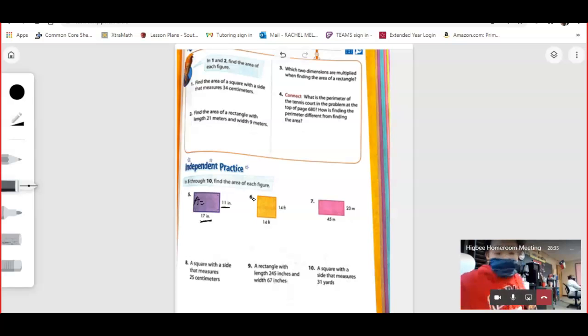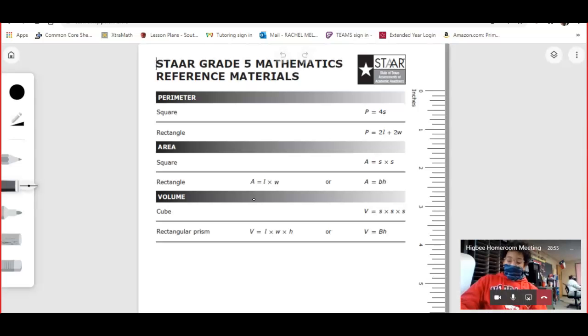So what formula is that? Area equals what? Length times width, because it's a rectangle. Let me go back to this.